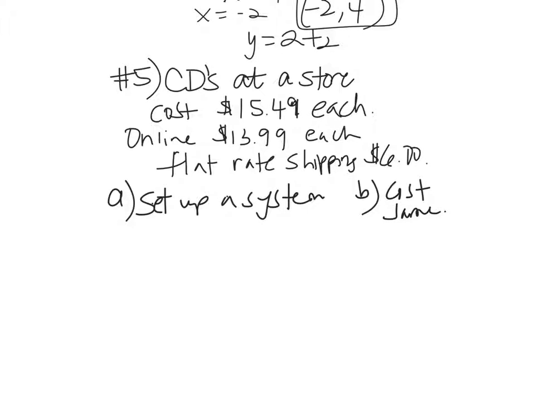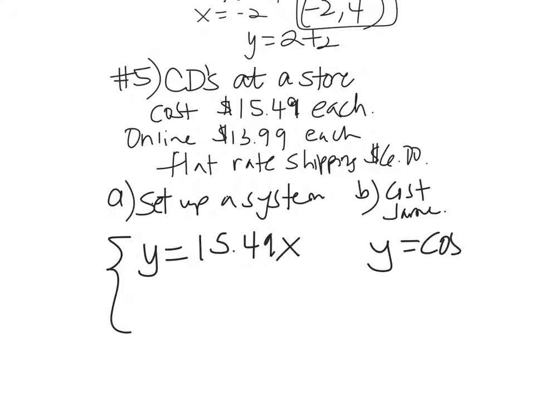We have two instances here. First of all, we have the cost of a CD, we'll call it Y, is equal to $15.49 per CD times X. So we'll say that Y is the total cost of what we have to pay, and X is going to be the number of CDs.